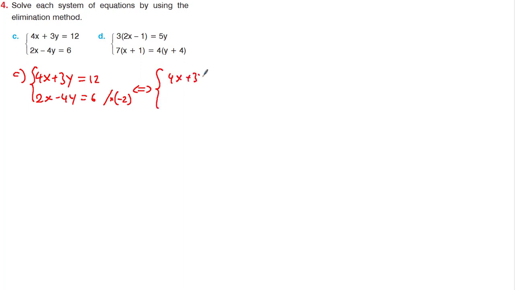4x plus 3y is 12. Negative 4x plus 8y is equal to negative 12. Now when added side by side, 4x and negative 4x cancel. Now we have 3y and 8y, that makes 11y. 12 and negative 12, that's 0.